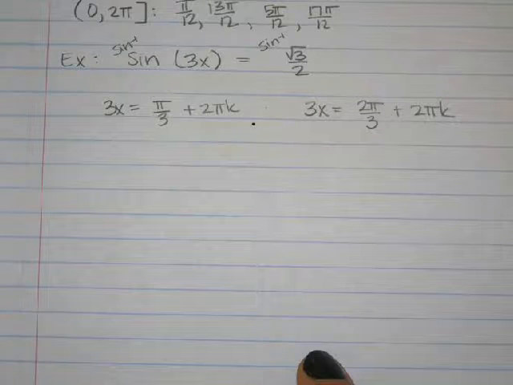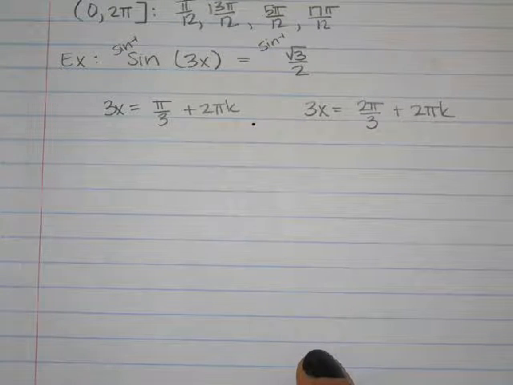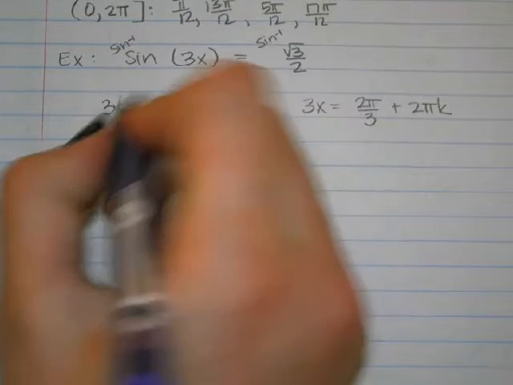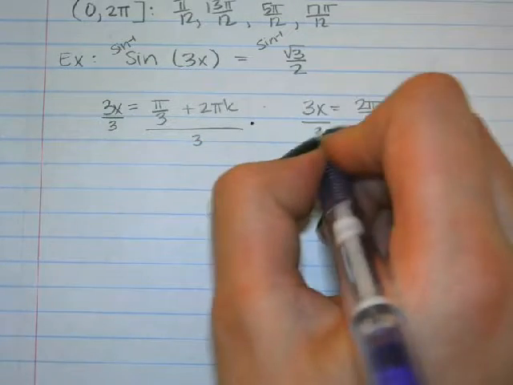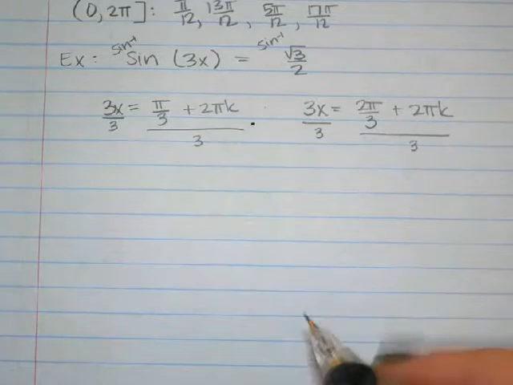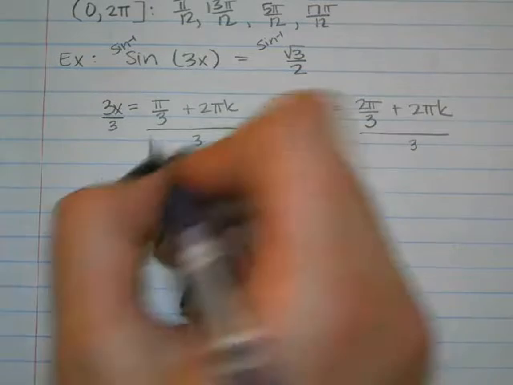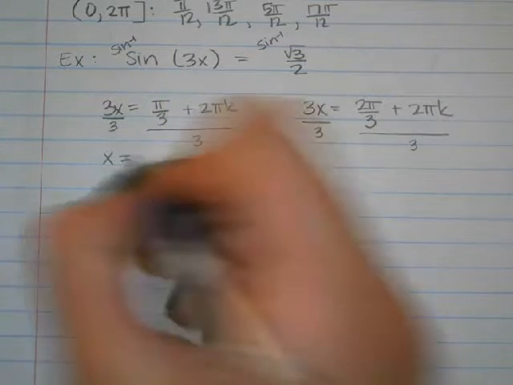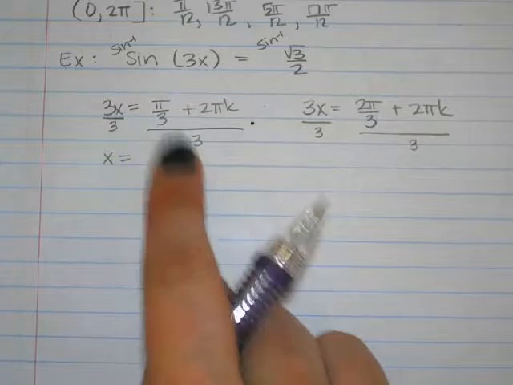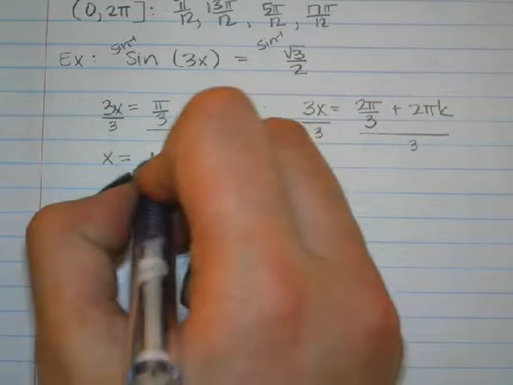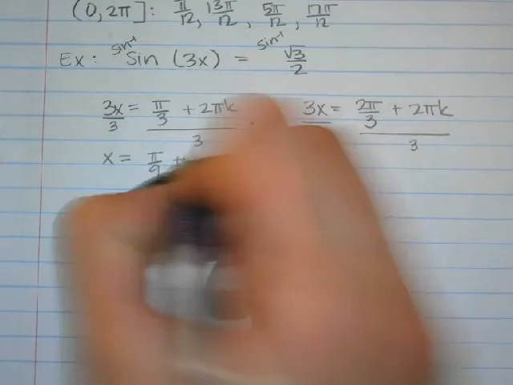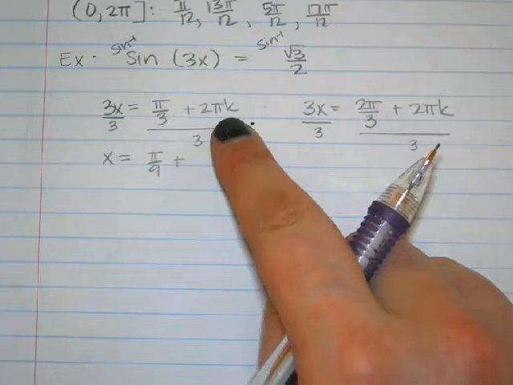And what should I do next? Divide by 3. So I have x equals pi thirds divided by 3, pi ninths, plus, what's 2 pi divided by 3?